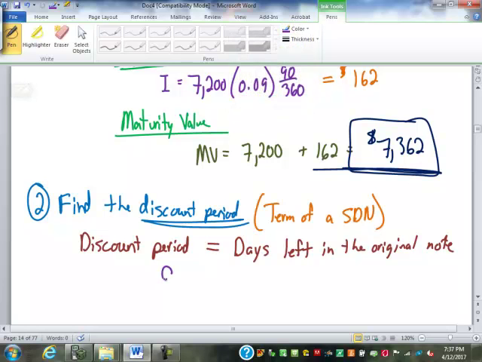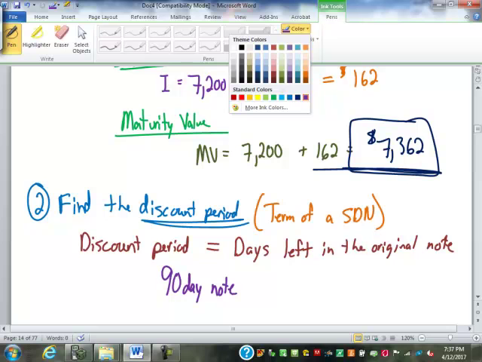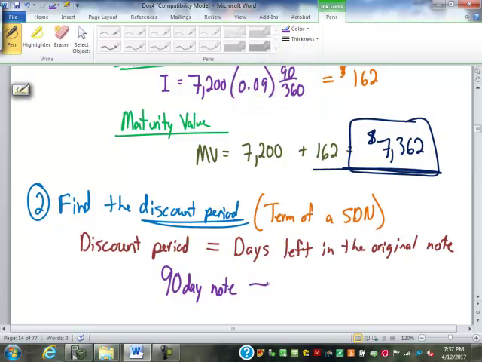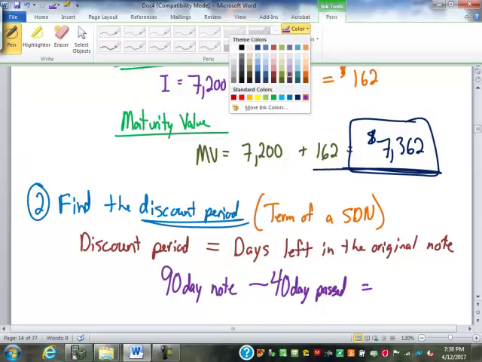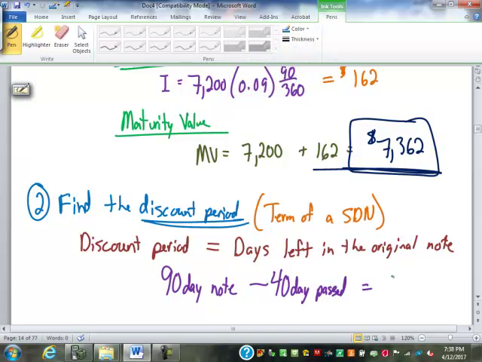So it is a 90-day note. How many days have gone by? 40 days have gone by, have passed. That means when we subtract those, 90 minus 40, there are 50 days left.